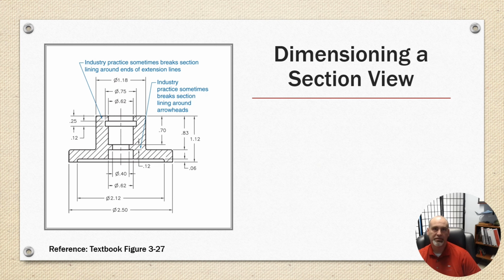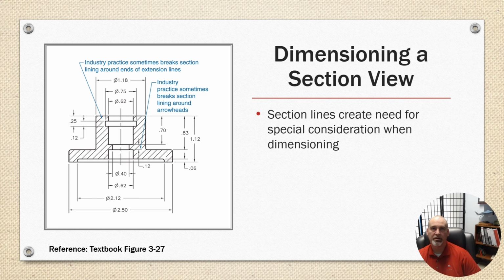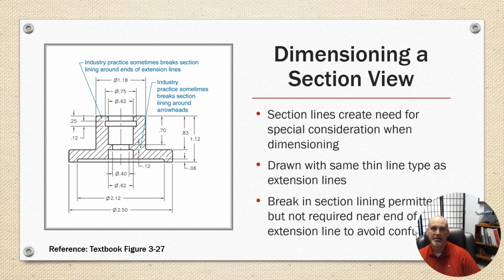Dimensioning a section view. Section lines create a need for special consideration when dimensioning. They are drawn with the same thin line type as extension lines. In break-in sections, lining is permitted but not required near the end of an extension line to avoid confusion.